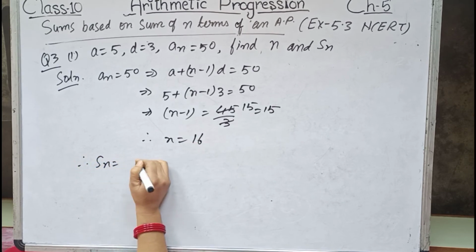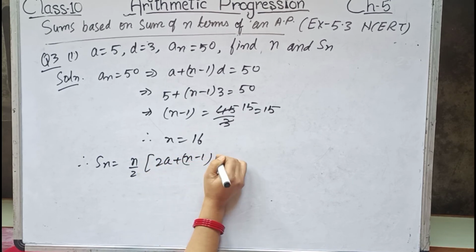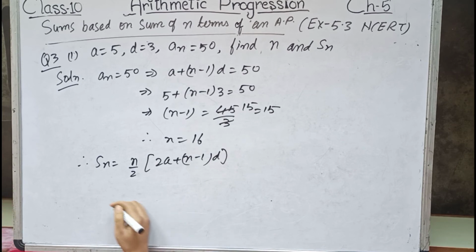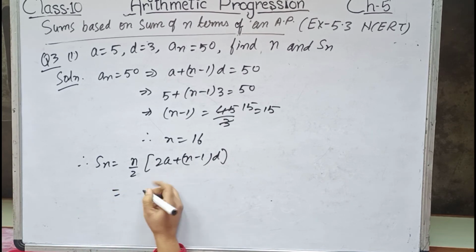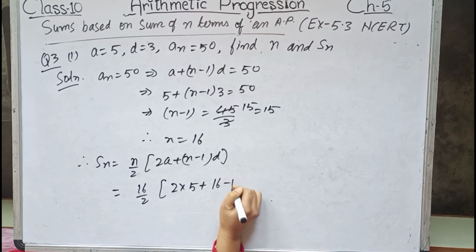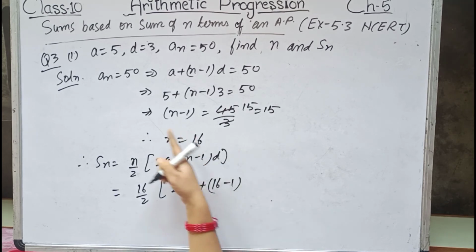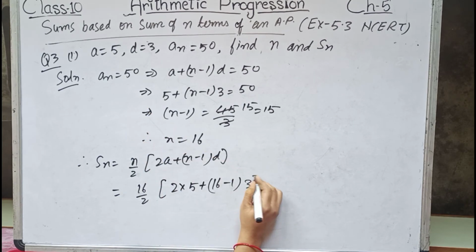Therefore Sn equals n by 2 into 2a plus n minus 1 into D, equals 16 by 2 into 2 into 5 plus of 16 minus 1 into D value, which is 3.